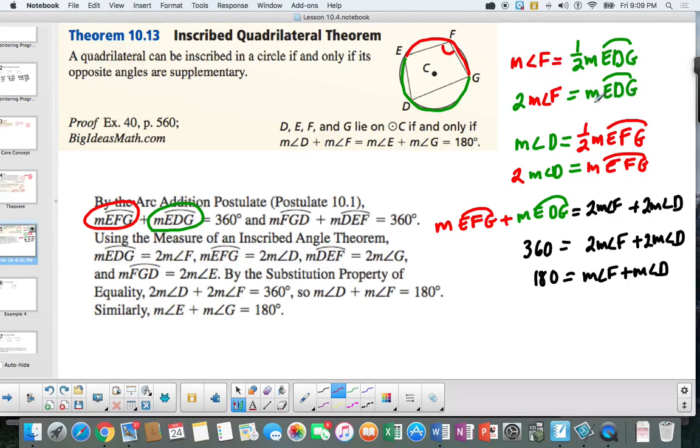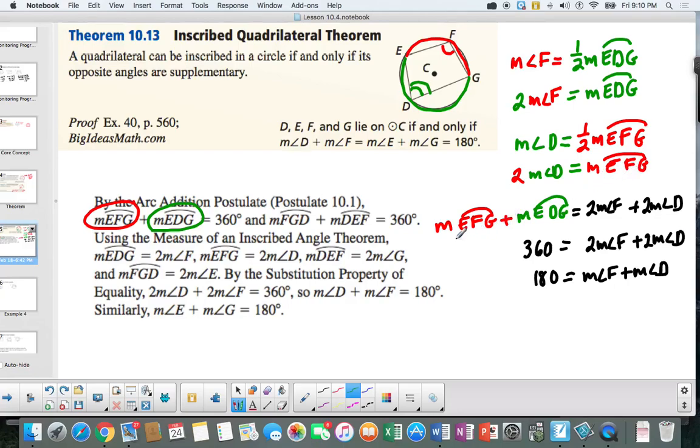And so the green arc measure is equal to 2 times the measure of angle F. Now I'm going to work with angle D. Angle D is going to be half the red arc. To get rid of the half, I'm going to multiply both sides by 2. And I'm going to get a relationship for this red arc.